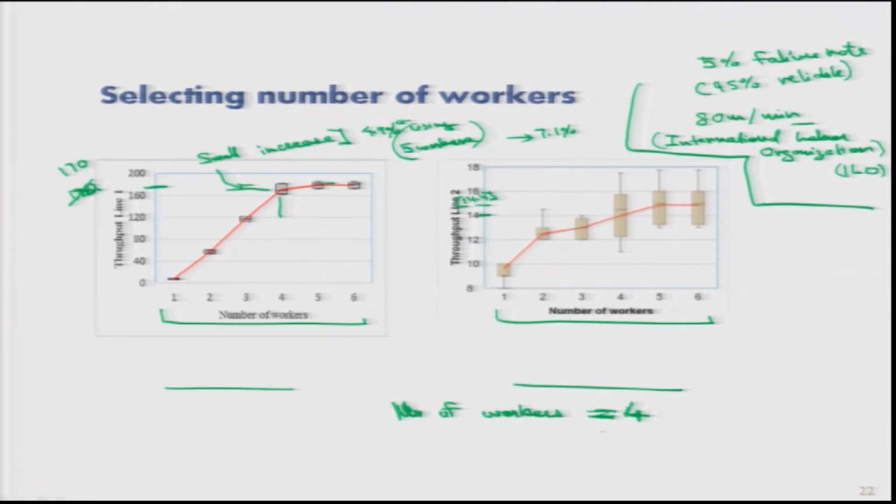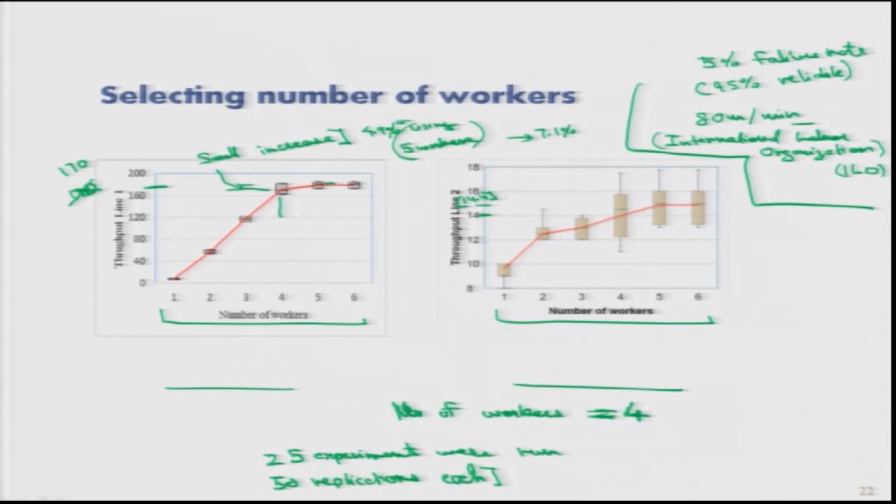Then with these 4 workers, 25 experiments were run, and each experiment had 50 replications. That is what we saw as observations, 50 observations in our software.